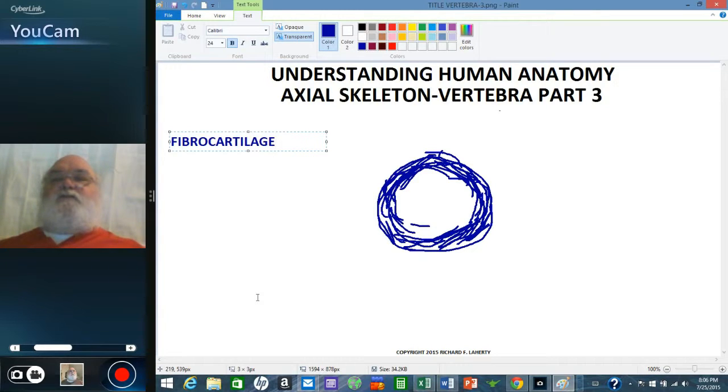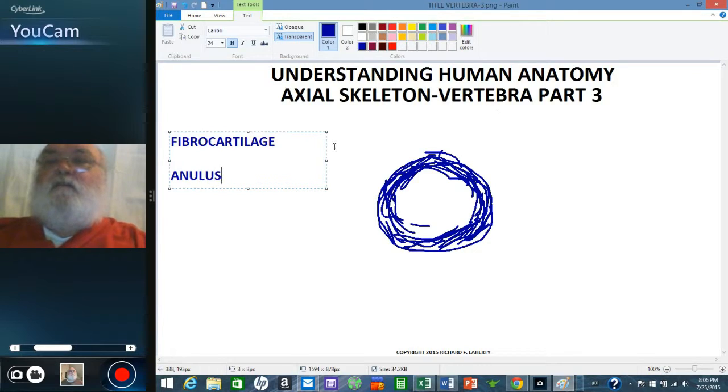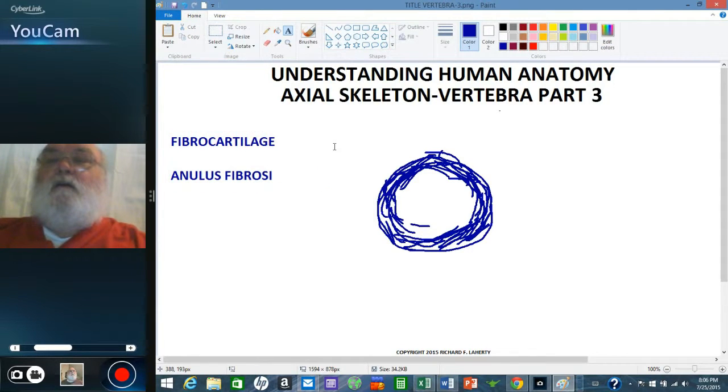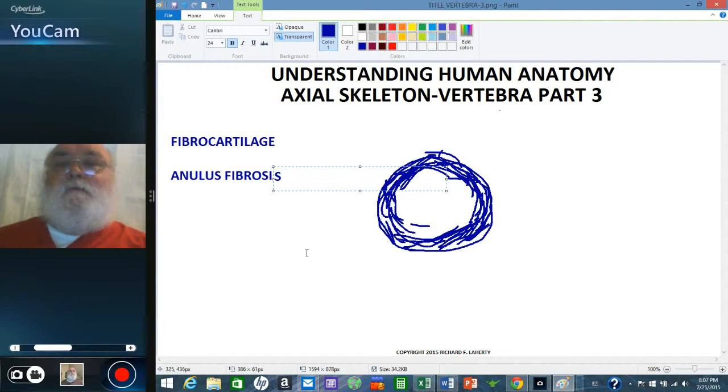As such, it is very strong. This fibrocartilaginous ring is called the Annulus Fibrosus.